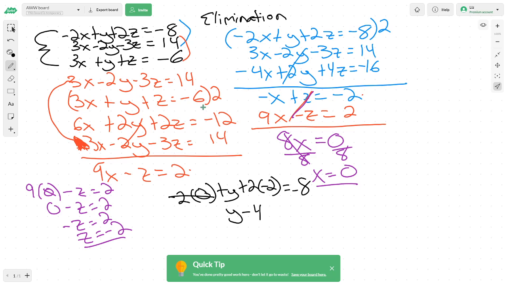Y minus 4 equals negative 8. Y equals negative 4. So then our answer ends up being x was 0, y was negative 4, and z was negative 2.